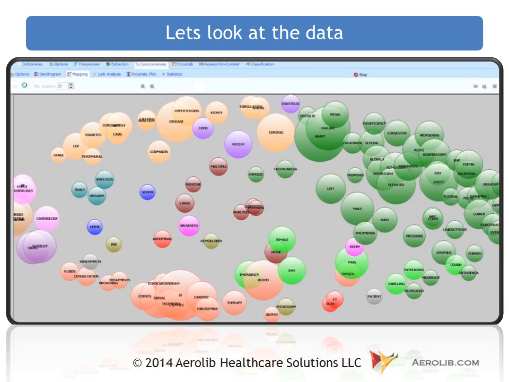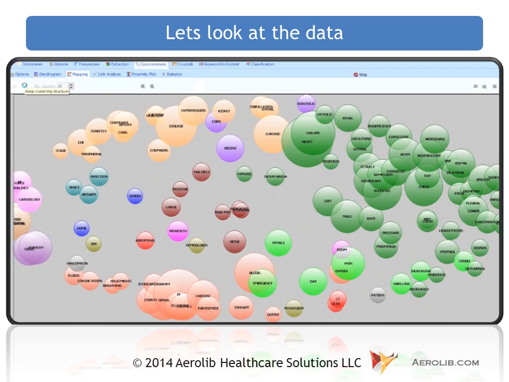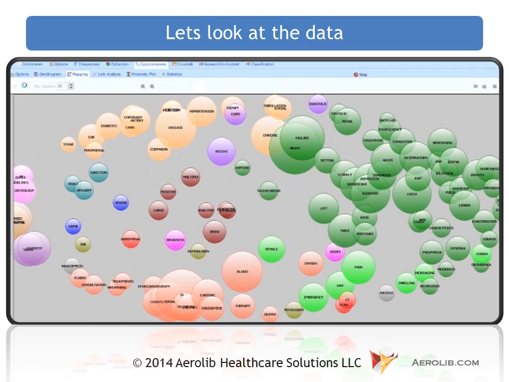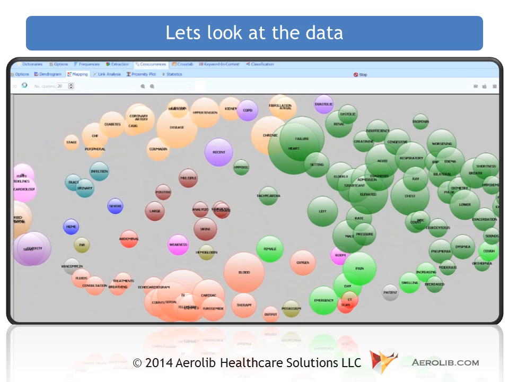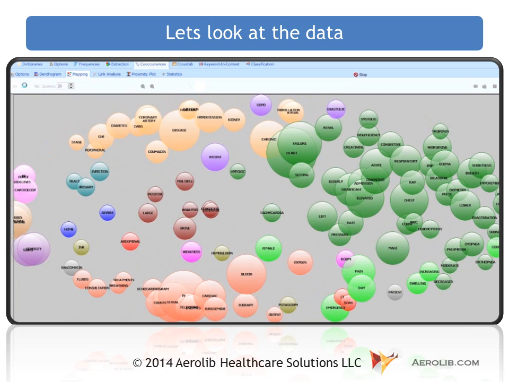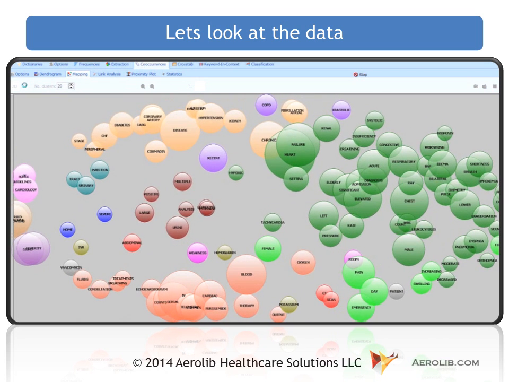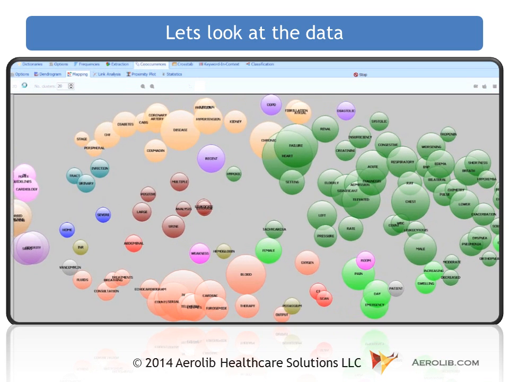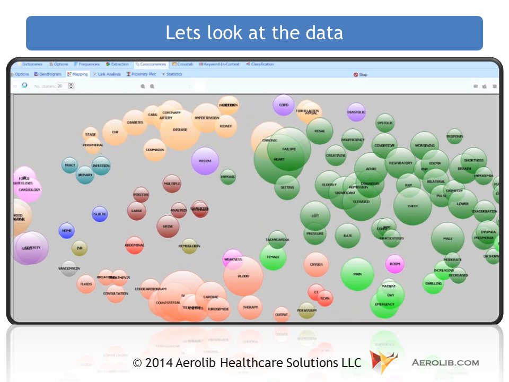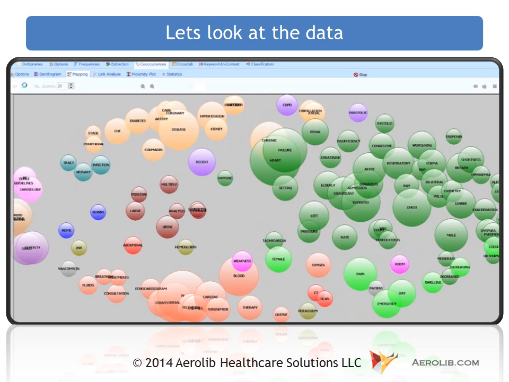What we did is we analyzed all these keywords, and as you'll see in this bubble mapping chart, those keywords start to associate with each other. The green bubbles are words that are found in the history and physical. The size of them is how frequently they have been used.